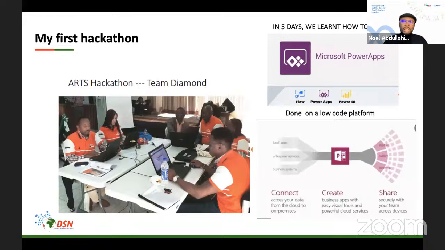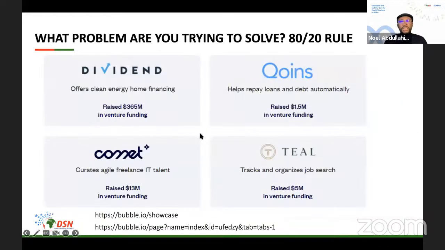And part of the secret of winning was more of having the right strategy. So we actually developed a low-code solution to help in project management. And the first and foremost thing you want to really do in a thing like a hackathon is basically to really define the problem you are trying to solve.